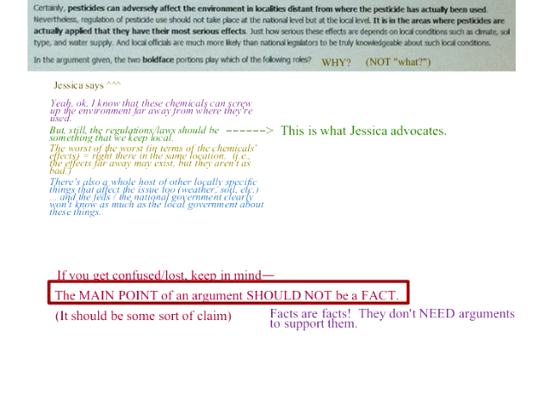Her argument is we should keep it local. That's a reason why you might not think we should keep it local. So this is a possible reason against what Jessica is advocating.